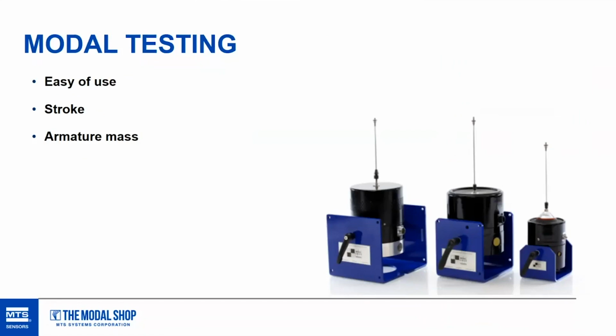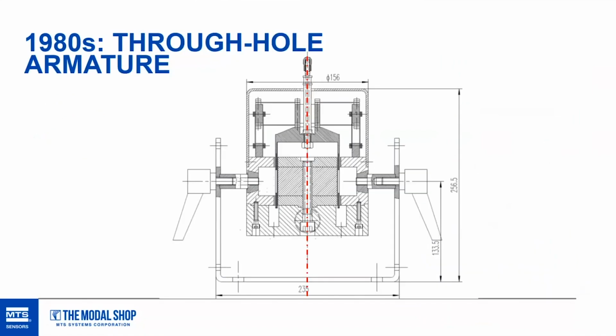So the first thing that was introduced in the late 80s was the through-hole armature design. With this kind of design, basically the shaker has a through-hole which allows for an easy stinger attachment.